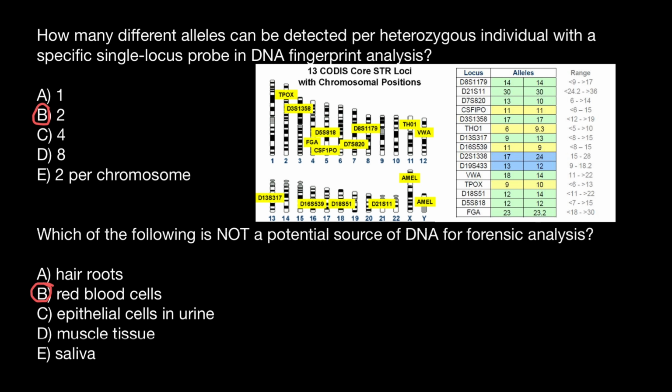Red blood cells make about 45% of the blood. There are also white blood cells, which make only a couple of percent, but white blood cells have a nucleus, so we use white blood cells to do genetic analysis and profiling of the person.